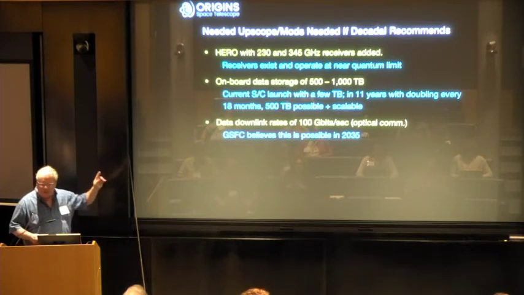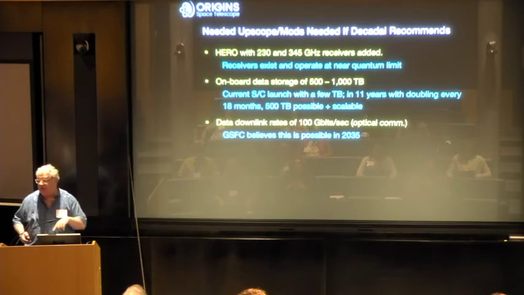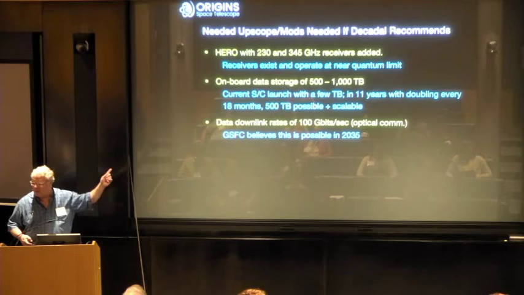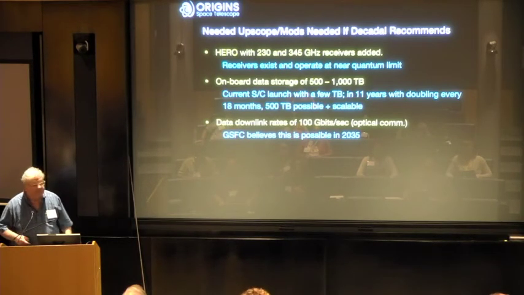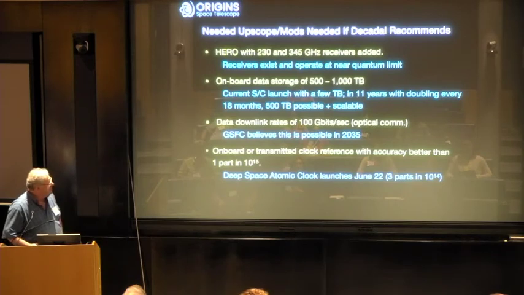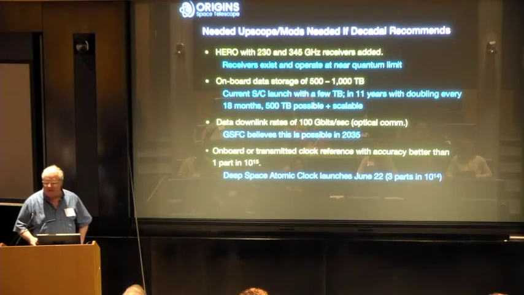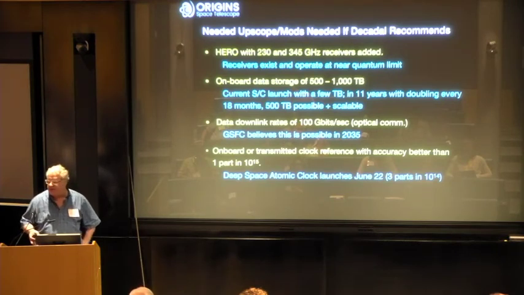If it gets much better than that, then it may be possible to downlink the data in real time, which would reduce the onboard storage requirements. If you can downlink the data in real time, you don't need to store it. Lastly, you need a good clock with an accuracy better than 1 part in 10 to the 15.